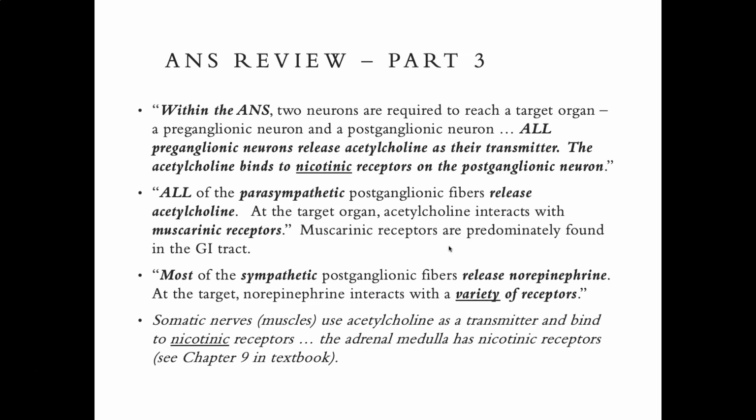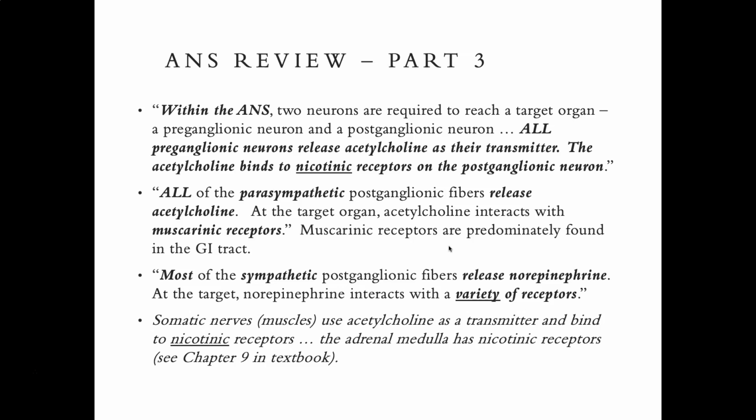Within the ANS, there are two neurons that are required to reach a target organ. There's a preganglionic neuron and a postganglionic neuron. All preganglionic neurons release that acetylcholine as their transmitter. Okay, so let's stop right there. Whenever you've got a target organ, you've got two neurons that have to reach it. You've got the preganglionic, the postganglionic.